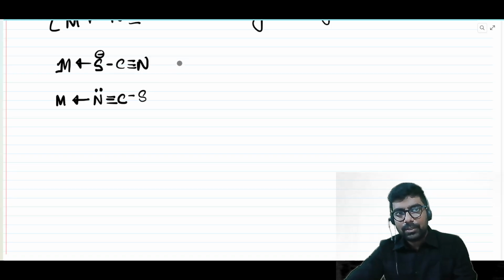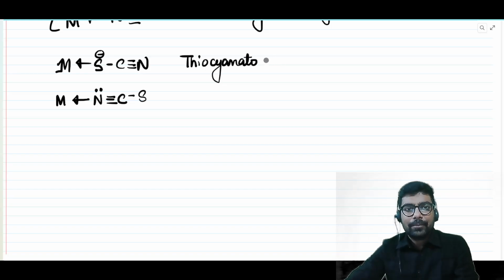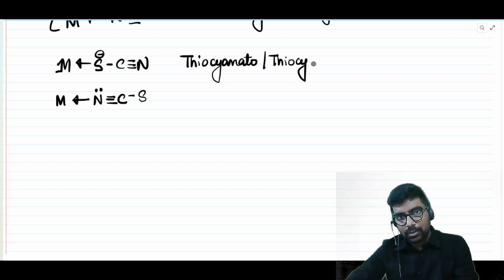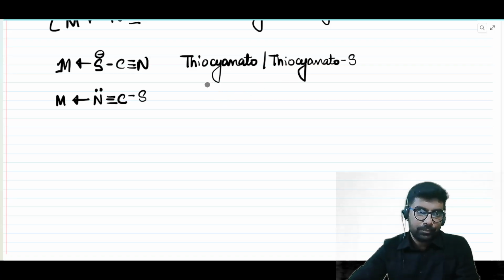When sulfur is acting as a donor site, we call it thiocyanato, or thiocyanato S also.